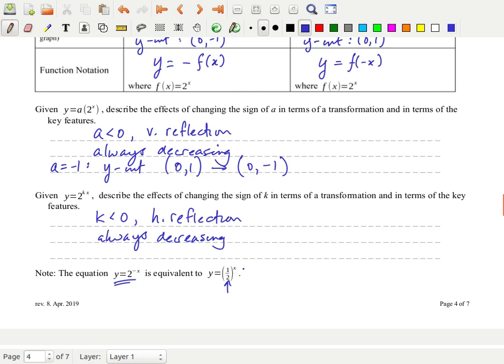This is one of the exponent laws that we've covered, which is that a to the negative x is the same as 1 over a to the positive x, which can also be written as 1 over a to the x. So this is an exponent law, so it makes sense, of course, that the graphs have to be consistent with this exponent law.